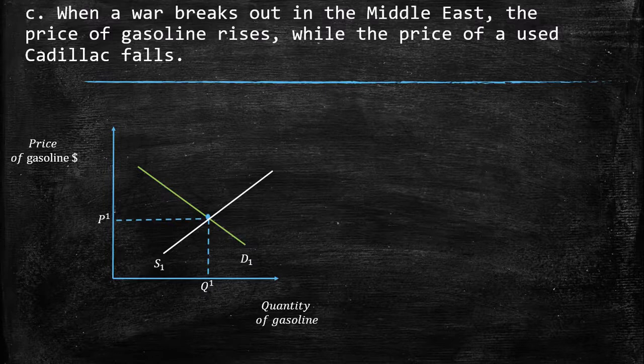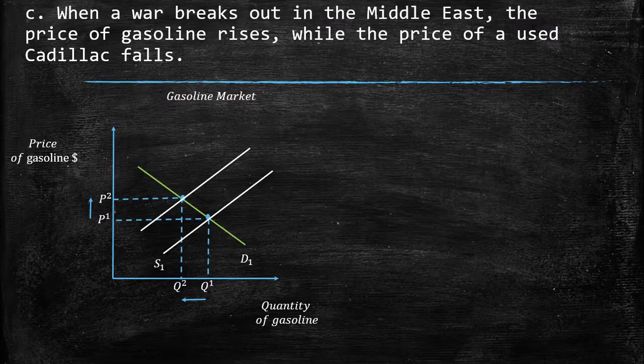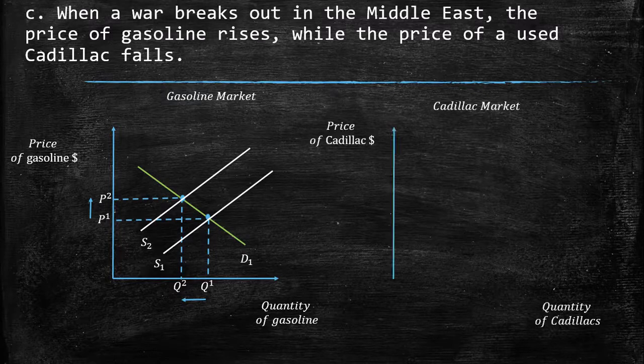Given the war, there's going to be a decrease in the supply of gasoline because of the war. So it's going to be P2 and Q2. So it's going to be an increase in the price, as the problem says, and a decrease in the quantities. So what about the Cadillac market?